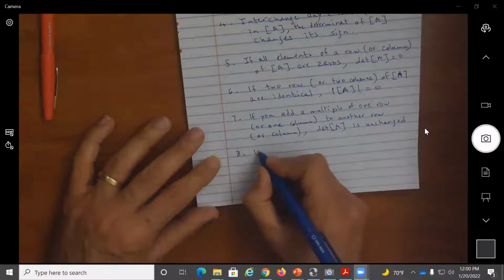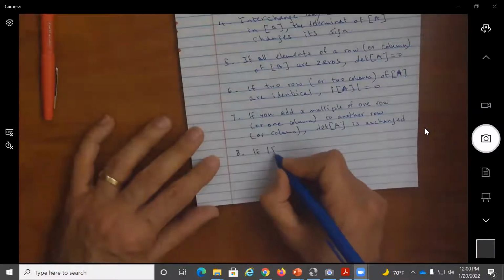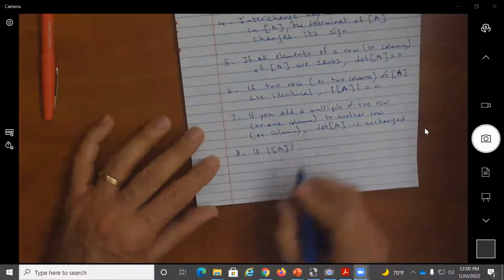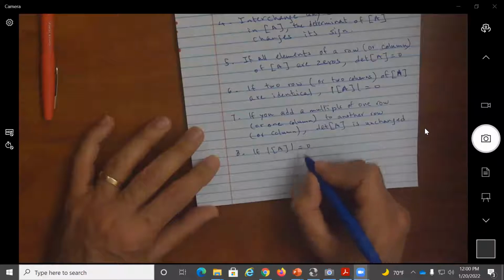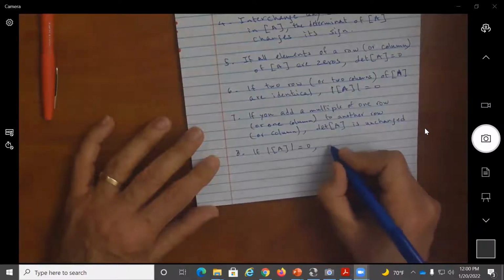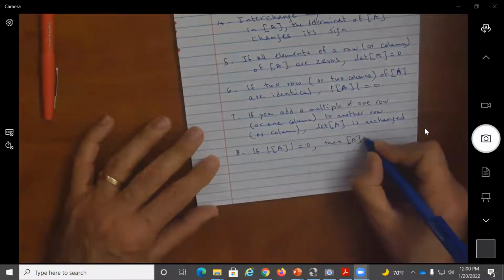And finally, if the determinant of A is equal to 0, then the matrix A is said to be singular.